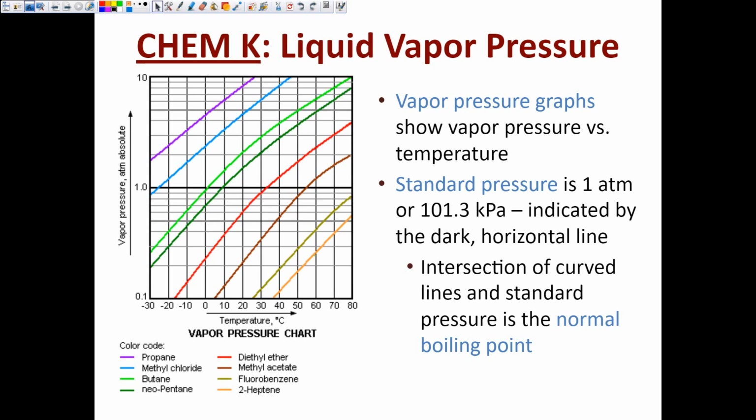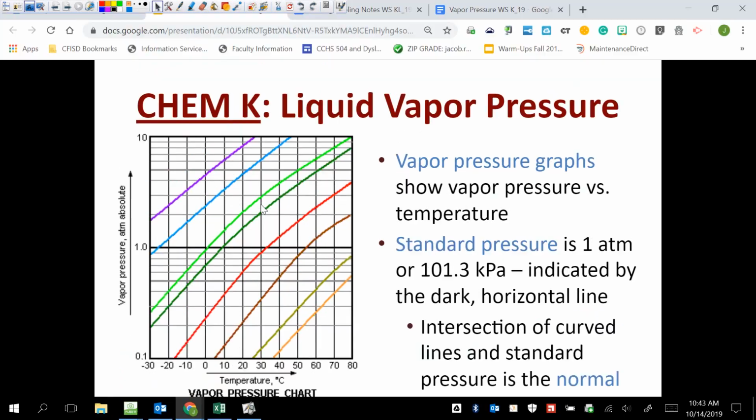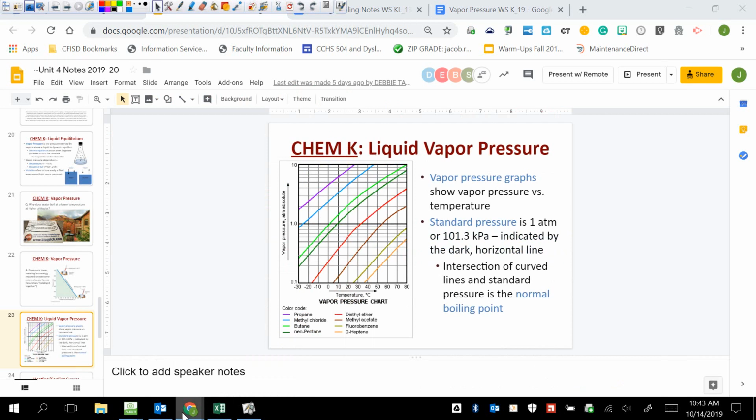So if we look here, everything to the left of the line, if it's this pressure and this temperature, that substance is a liquid. If the pressure and temperature are to the right of the line, that substance is a gas. And we just add a whole bunch of substances over here, those condensation vapor lines. So let's take a look at your practice.